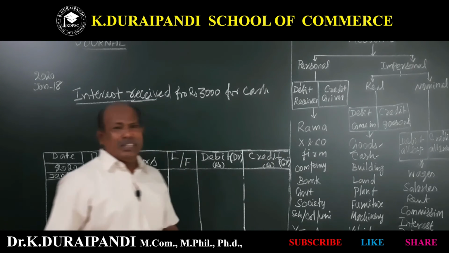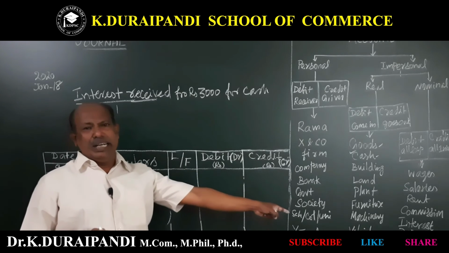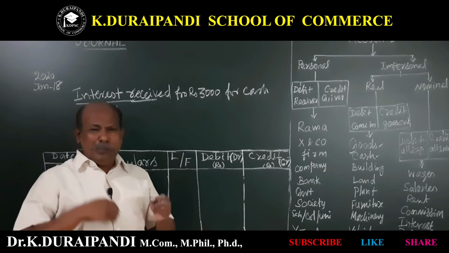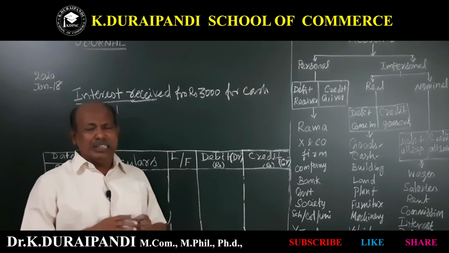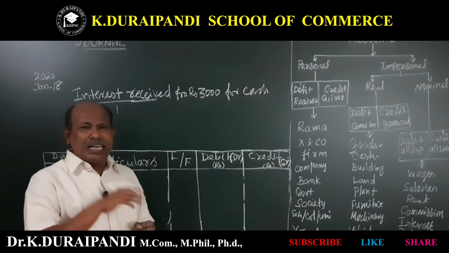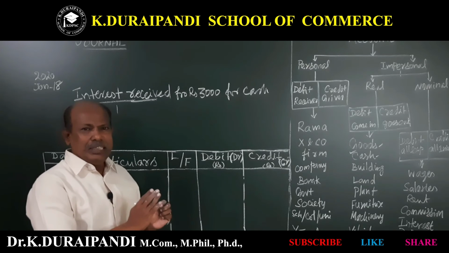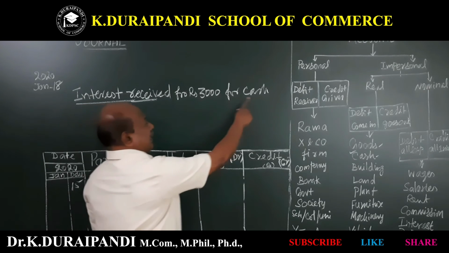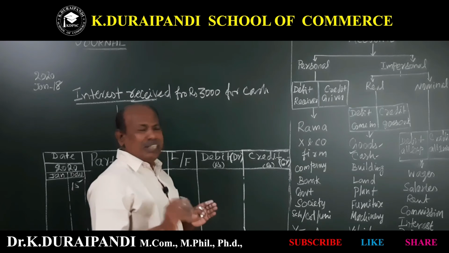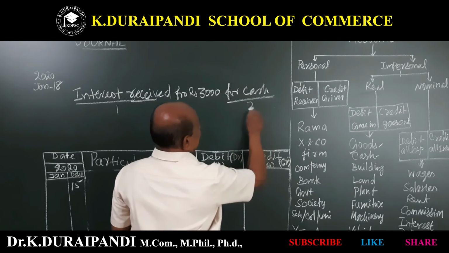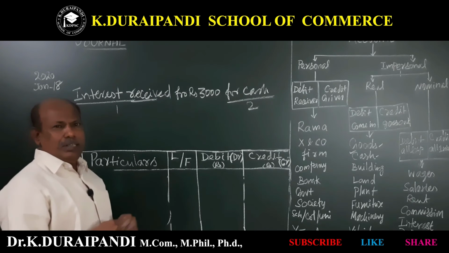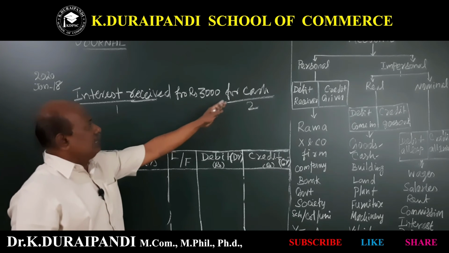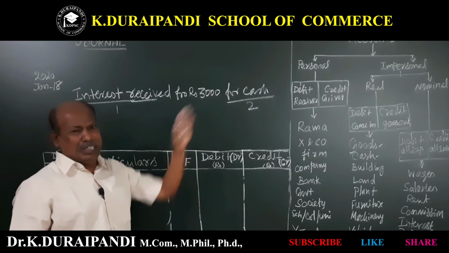All nominal items should be paid or received only in the form of cash. Even though it is not directly given for cash, we are going to make it for cash to write a journal. So interest received for rupees 3000 in the form of cash.